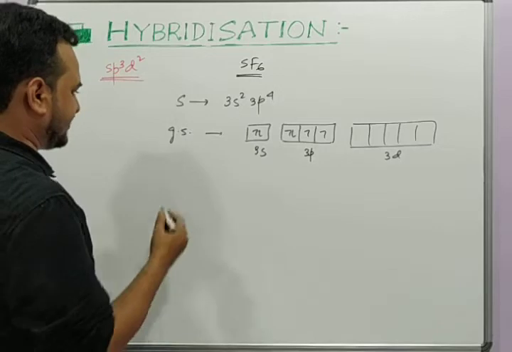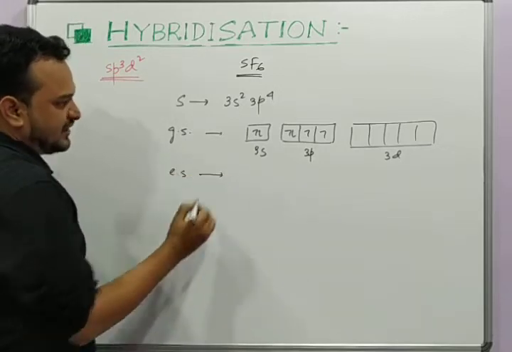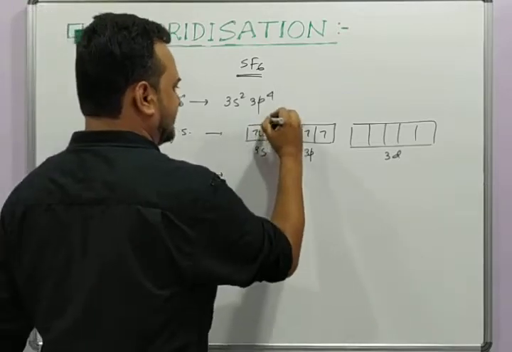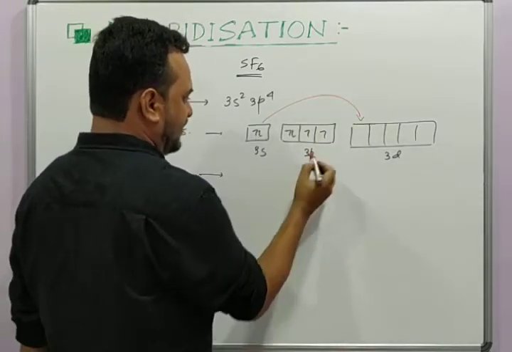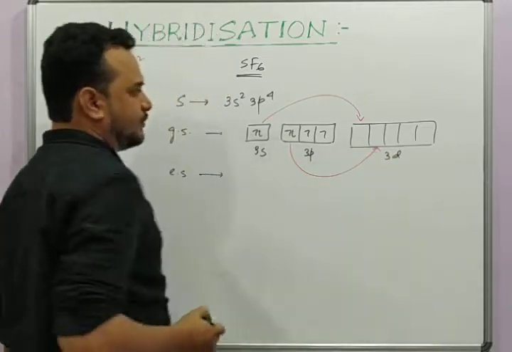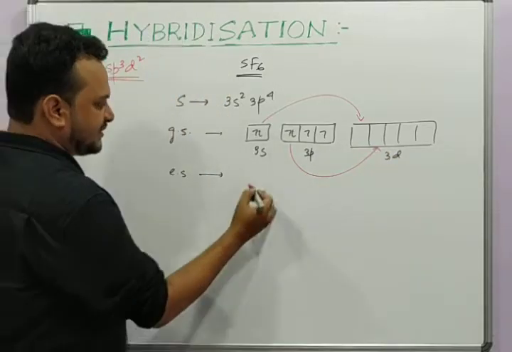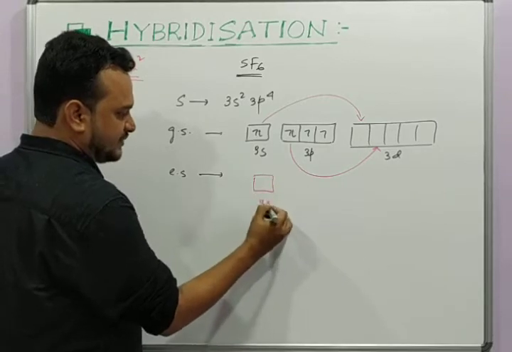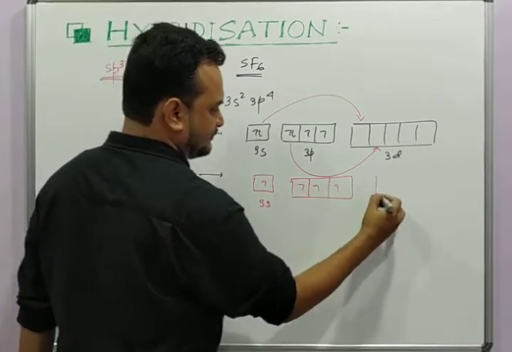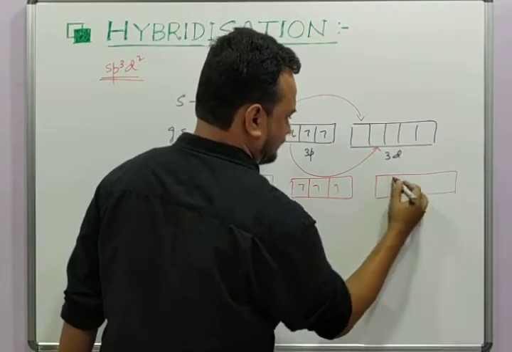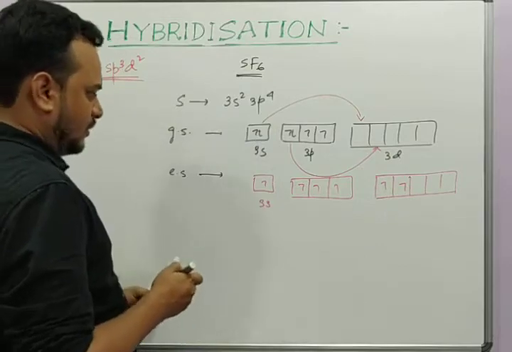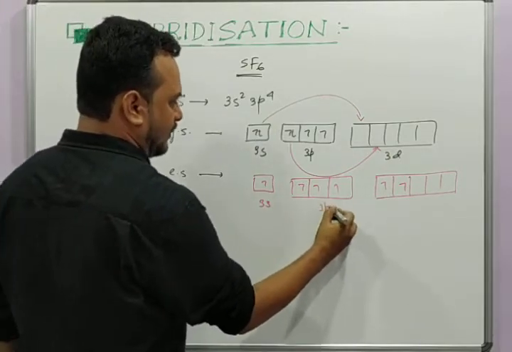So we need an excited state, we need 6 unpaired electrons, and here one of the 3s electrons is promoted to 3d, and one of the 3p electrons from the paired electrons is also promoted to 3d. So in the excited state, the electronic configuration becomes like this. And now all these 6 orbitals will undergo hybridization.